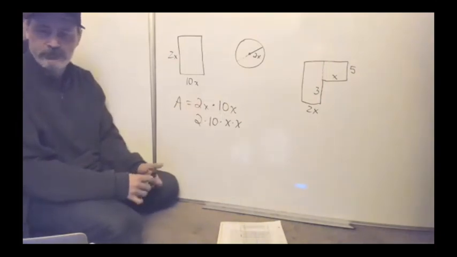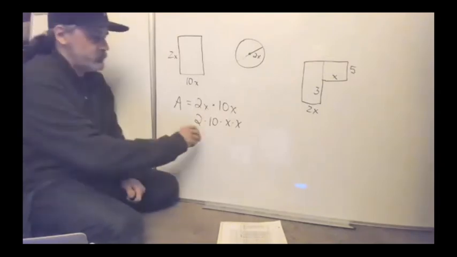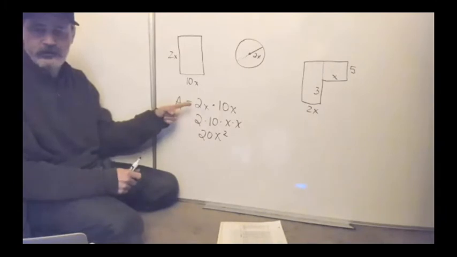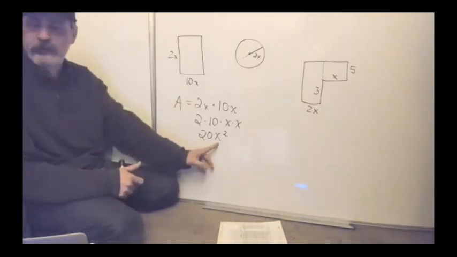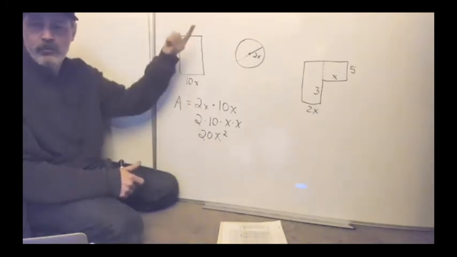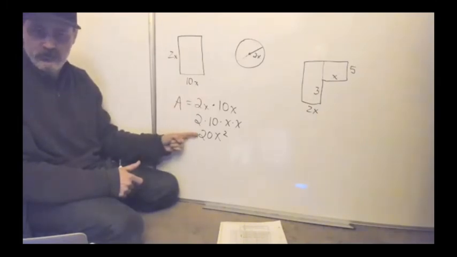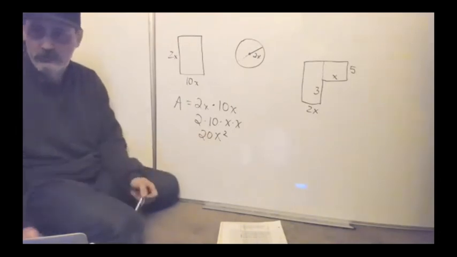We think there's a distributive property. There's not. There's no plus here. So this is 20x squared, which if you understand how to get that from here, you might as well do that. Okay, so this is the expression for the area. And all we need now is the number for x, or know what area this is supposed to be and put that number equal to this and solve the problem. But again, we're just coming up with an expression. That's all we're doing right now.